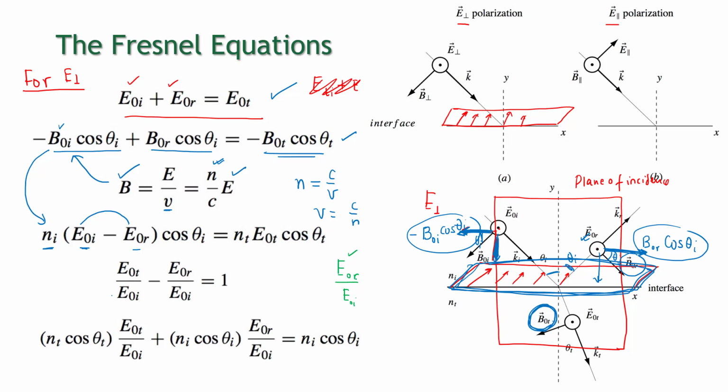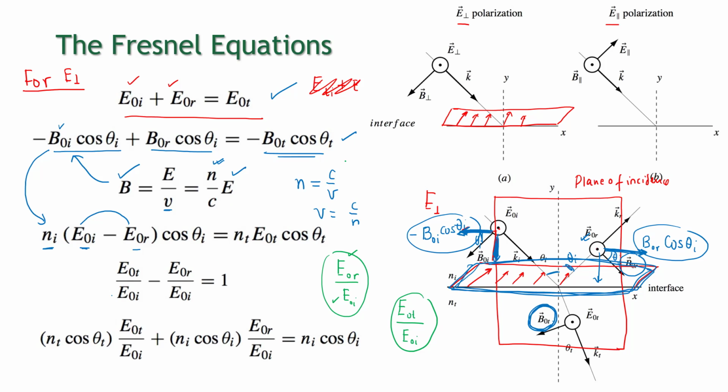This is the amplitude of the reflected part of the electric field, and this is the amplitude of the electric field that is incident. We also want to get the electric field that is transmitted over the electric field that is incident. These are the two ratios we want: reflected over incident, and transmitted over incident. So for that we need to solve these two equations.